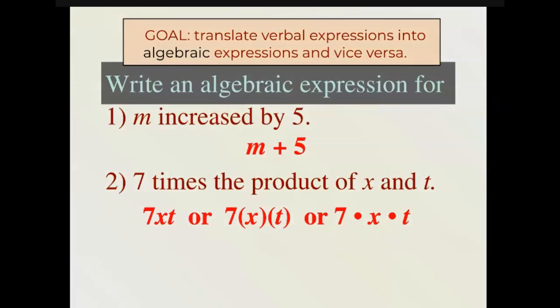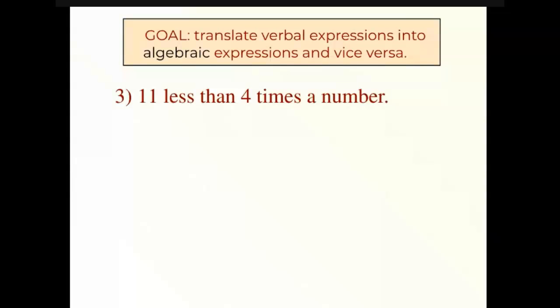All right. How about this? 11 less than 4 times a number. In the chat, write your answer. 11 less than 4 times a number. What is the word that represents that we switch the position of the terms?